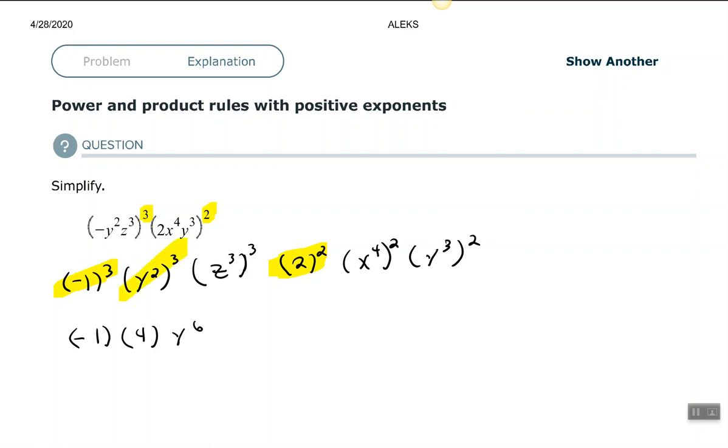I have another y over here. So y to the third raised to the second, which is y to the sixth. Then I have my z, so I have z to the third raised to the third, multiply again, z to the ninth. Remember, power to a power, we multiply the exponents. And then I have x to the fourth raised to the second, x to the eighth.